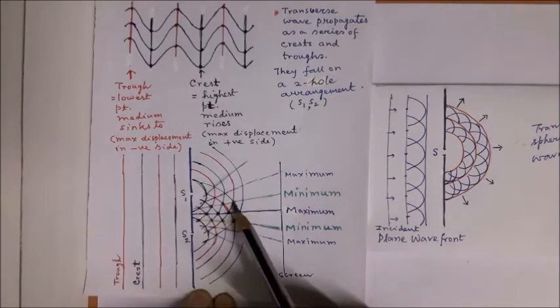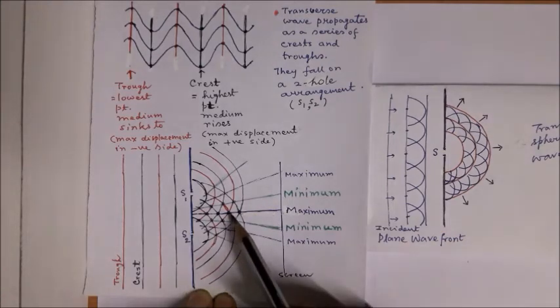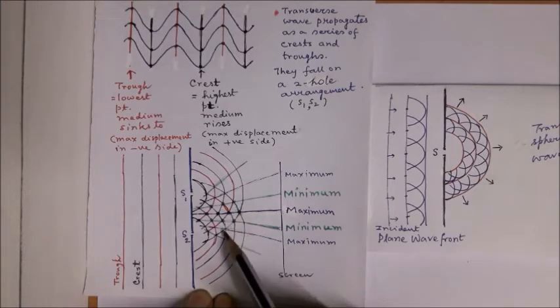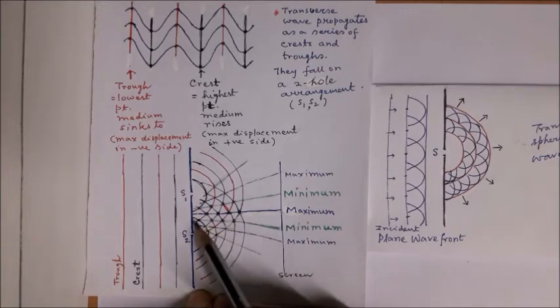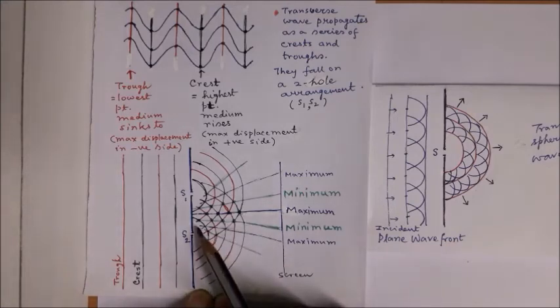So these are points of minima, while here too we find that the trough of S2 meets the crest of S1. Here the trough of S1 meets the crest of S2, and so on. So these are points of minima. Again, if we look at the adjacent line here, we find crests of S1 and S2 meeting here, while troughs of S1 and S2 meet here.